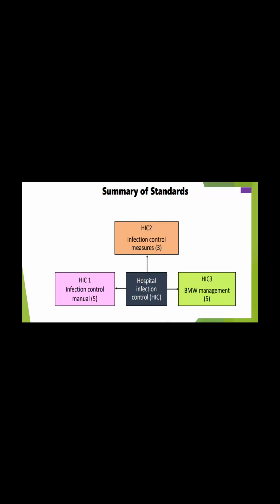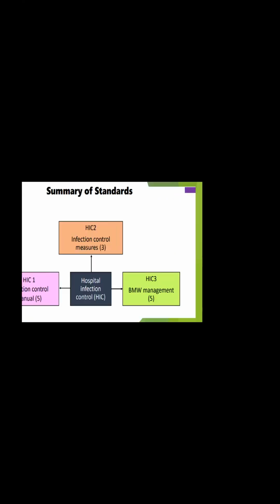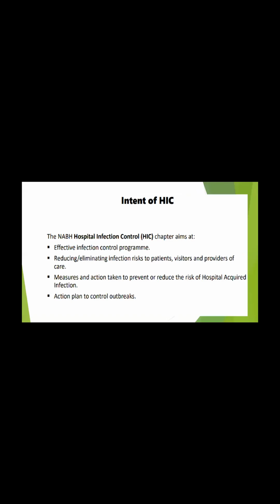For all these audits, the auditor is going to check your manual, whether it's updated. The auditor is going to check what infection control practices you follow, and your biomedical waste management will be checked properly, whether the hospital is following the normal protocol. Now, what is the intent of HIC?